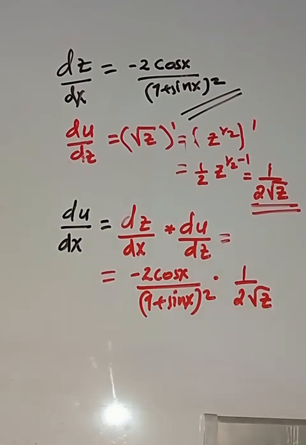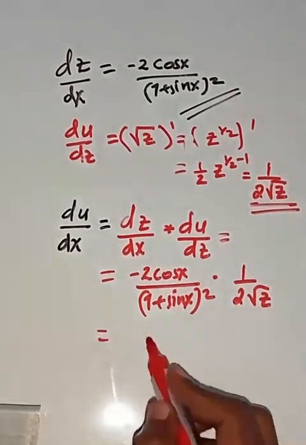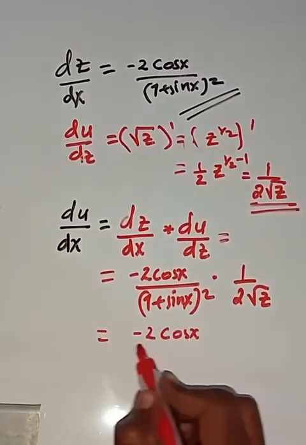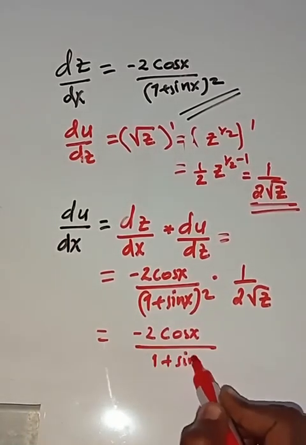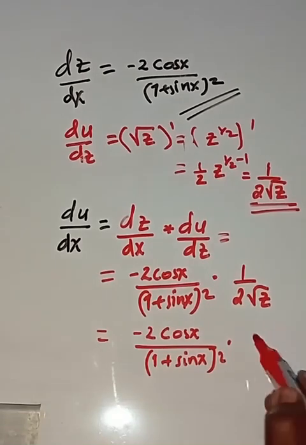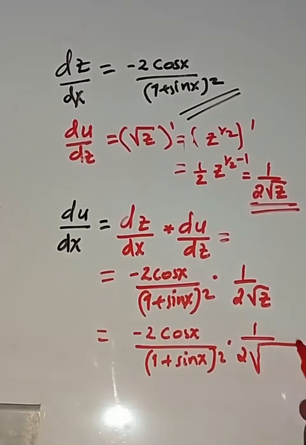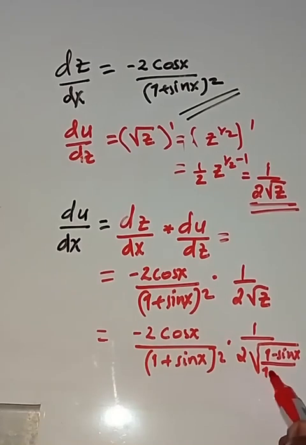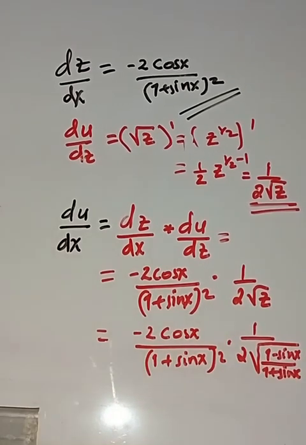The value of z is 1 minus sine x over 1 plus sine of x. So now the equation is negative 2 cos of x over 1 plus sine of x the whole square, times 1 over 2 square root of 1 minus sine x over 1 plus sine of x.